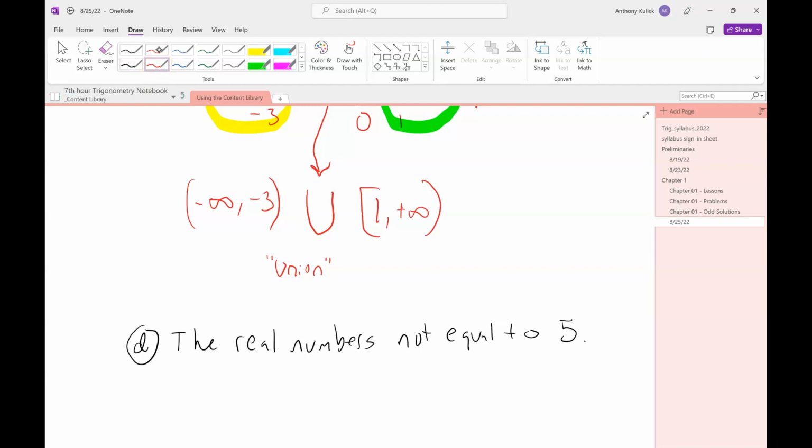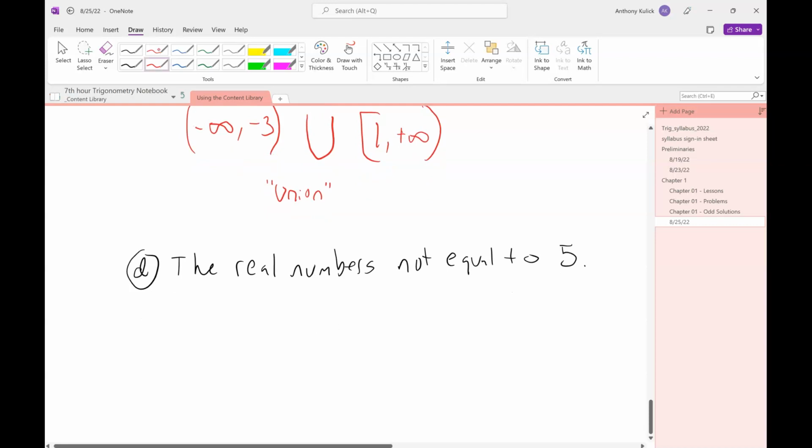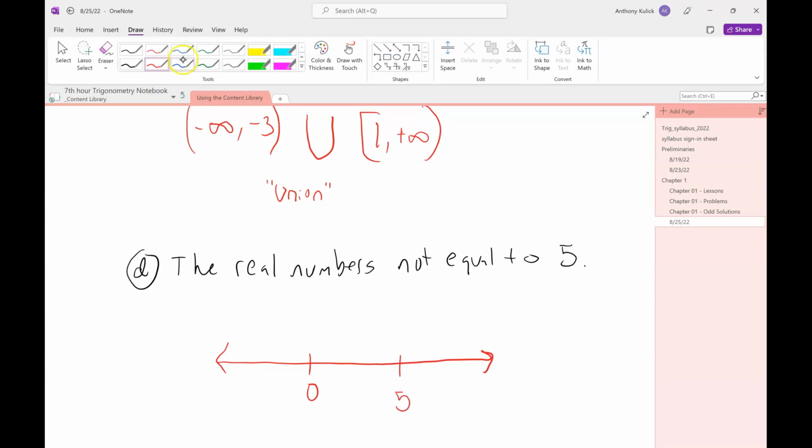Okay. How about the set of real numbers not equal to 5? Oh boy. This is kind of weird, right? Well, we're going to start the same way. Let's draw a number line. What's the number we care about here? 5.